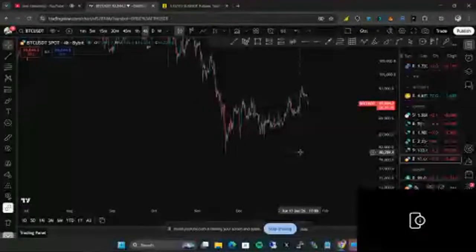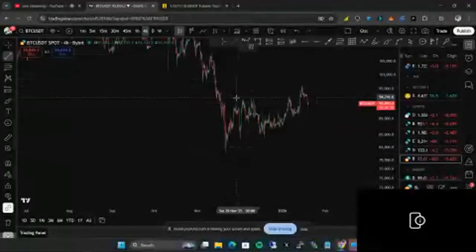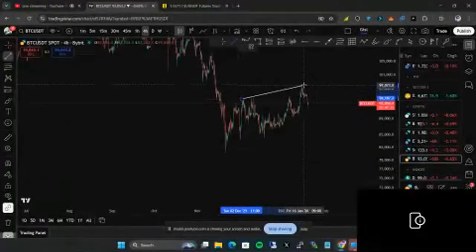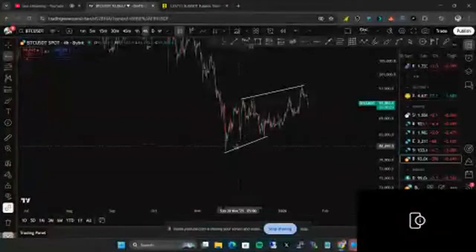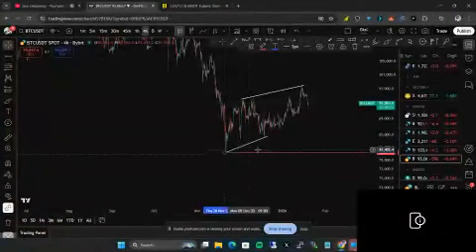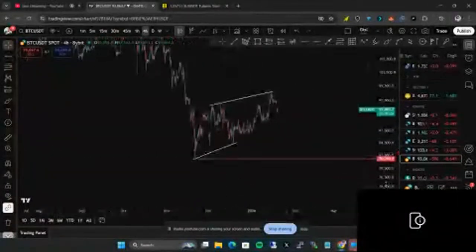So you can see now we have the two touches confirmed, the two eyes we've been looking for, and they are both confirmed right now. And you can see the massive rejection from that point, right? So we have this clean pattern here. So we are predicting that BTC should do what? Should get back to 80k.